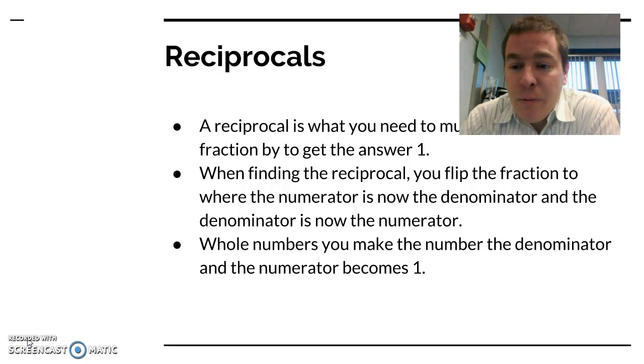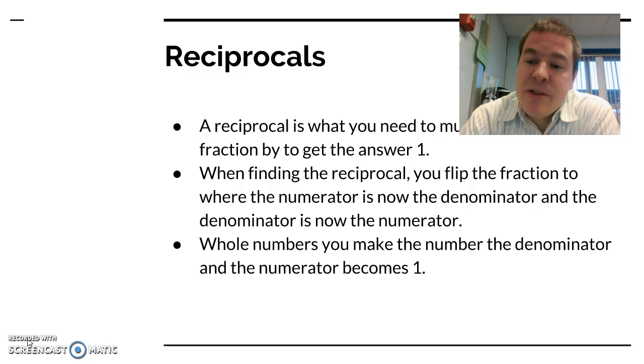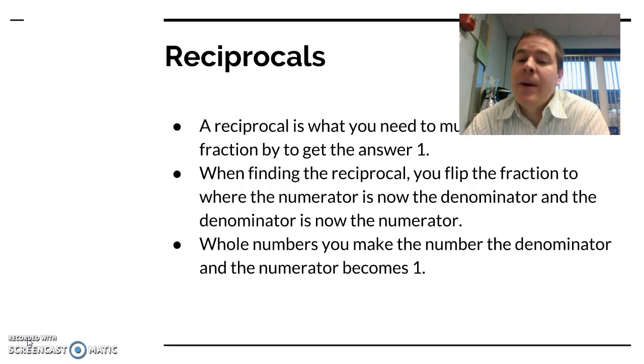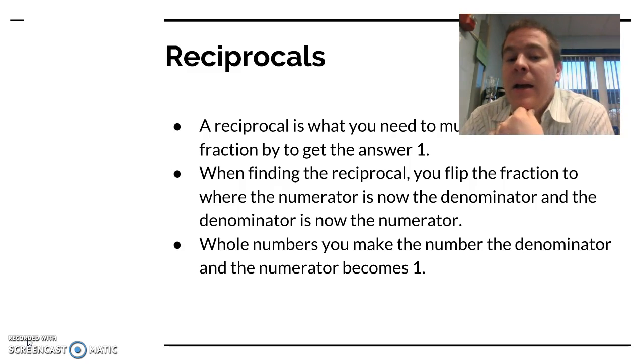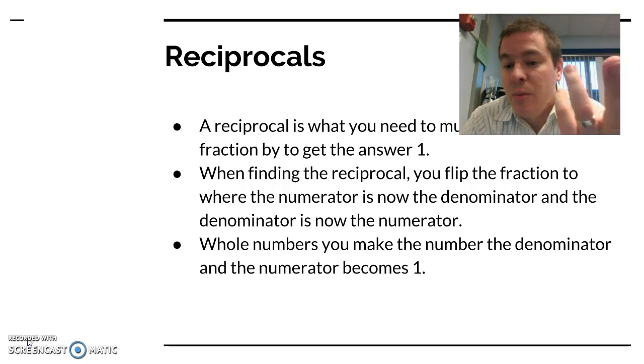So the first thing that we're going to talk about is something called a reciprocal. When we flip a fraction later in division, you are going to be changing that fraction or number into its reciprocal. What a reciprocal means is that when you multiply a number or fraction by its reciprocal, the answer ends up being 1.